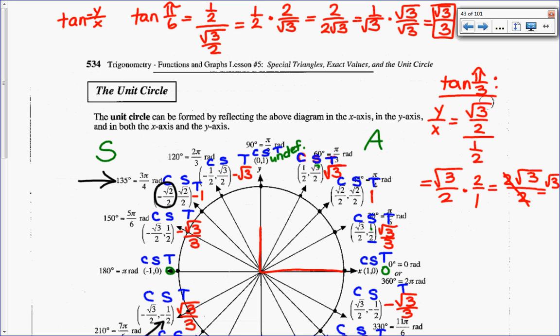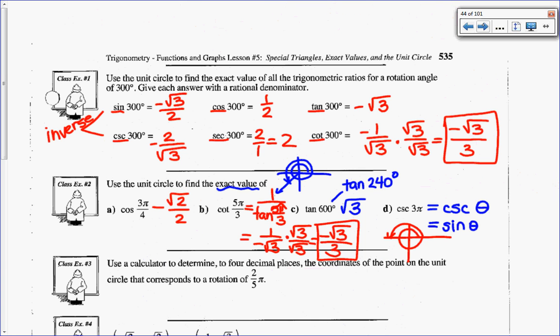Sine pi is 0. So the inverse of that then would be 1 over that, and that is undefined, right? So the cosecant of that angle is undefined because you can't have a 0 in your denominator.